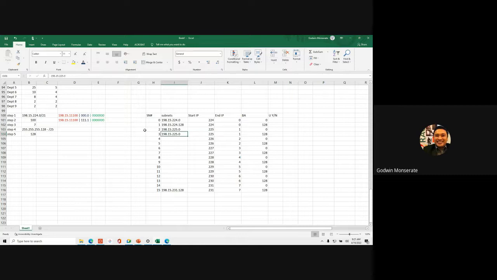Am I correct? Yes, sir. So here it equals 225. Then plus ampersand, and that would be J104. J104 ampersand, okay, dot, then ampersand, wait, L104. L104. Yes, folks.